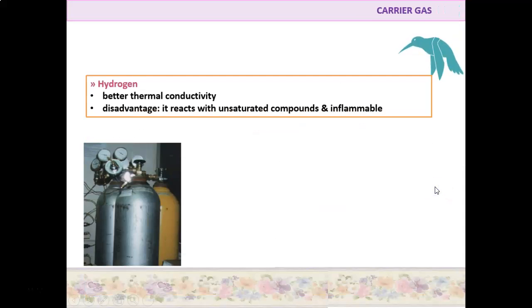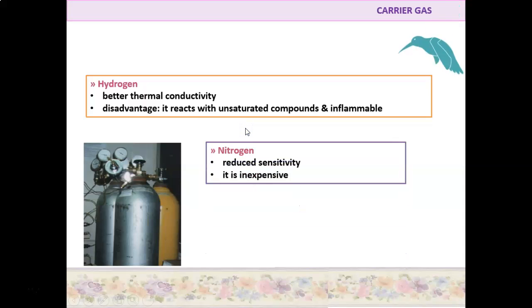Now we look at the properties of the carrier gas. Hydrogen has better thermal conductivity, but the disadvantages are that it reacts with unsaturated compounds and is inflammable, so it is quite dangerous to use.